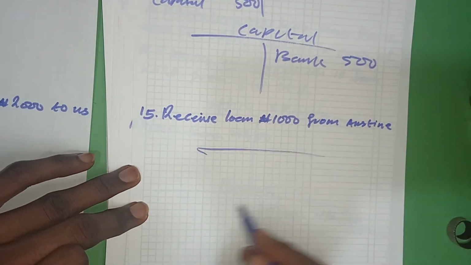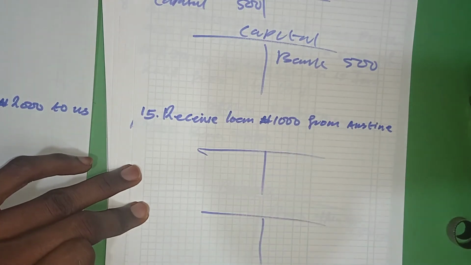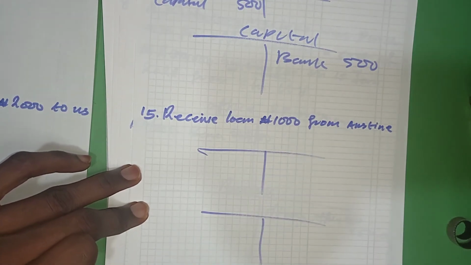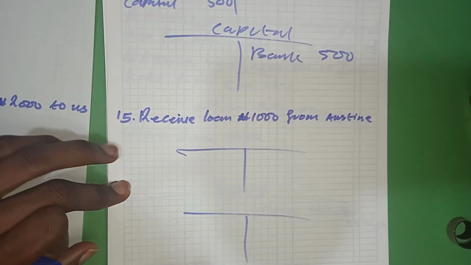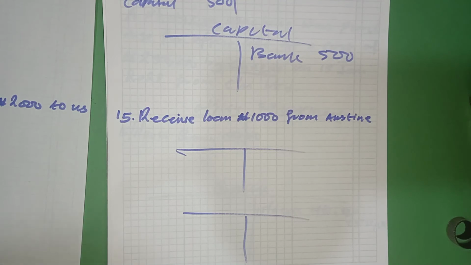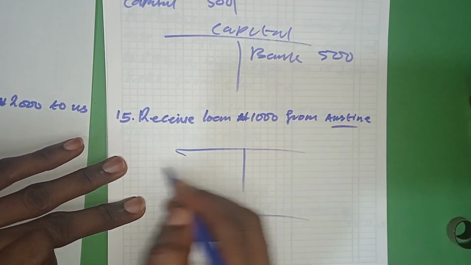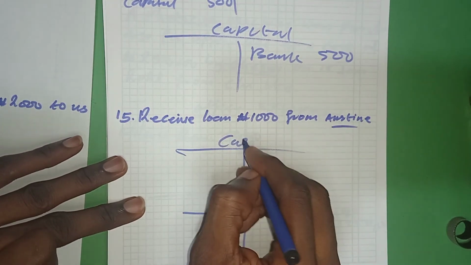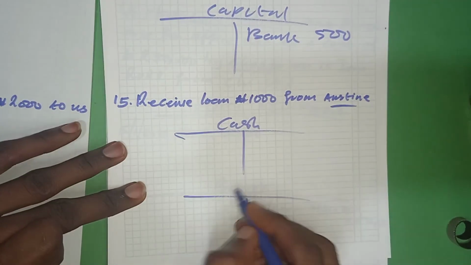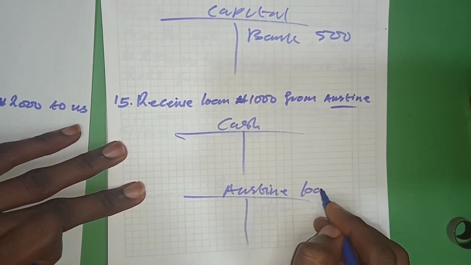Receive loan 1,000 naira from Austin. Mind you, we are the one receiving because our cash is increasing. Now, what are the two accounts here? Austin and cash. Here I put Austin because we are collecting a loan from Austin.